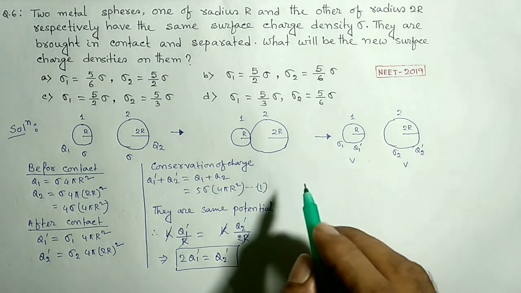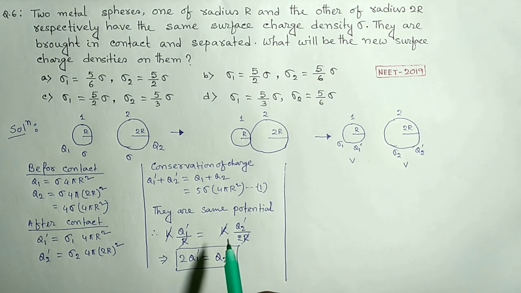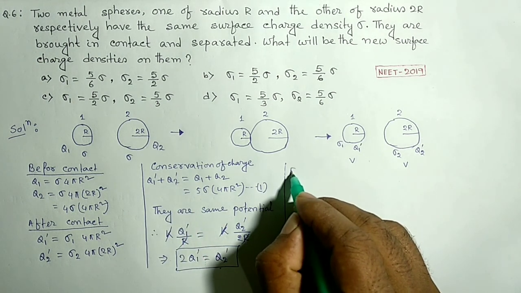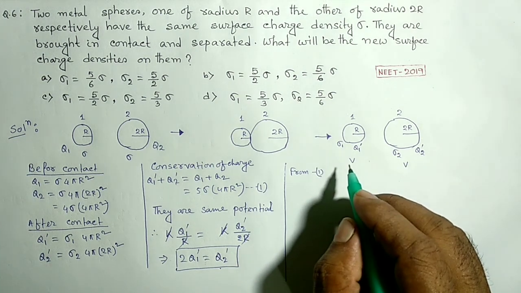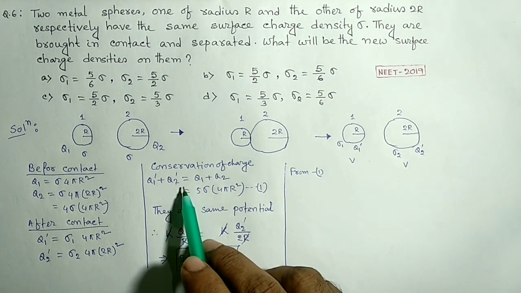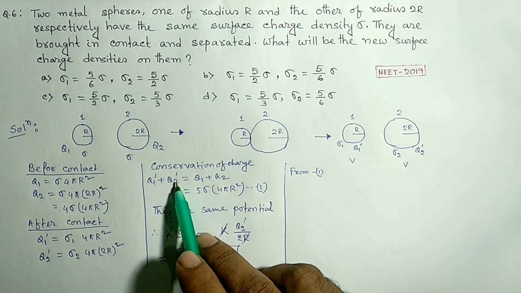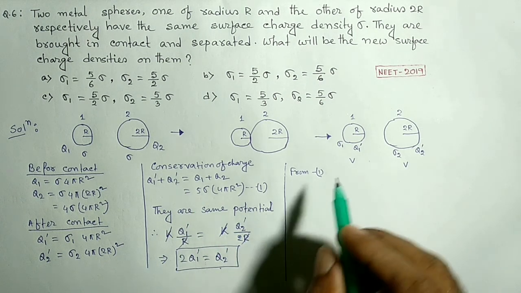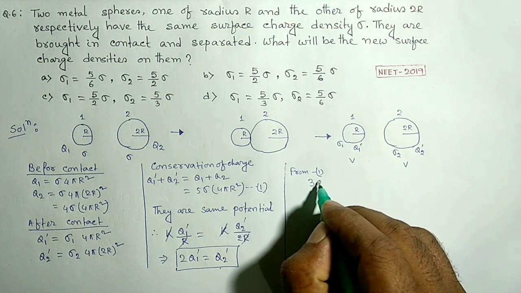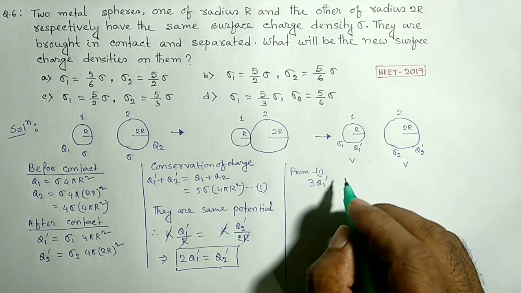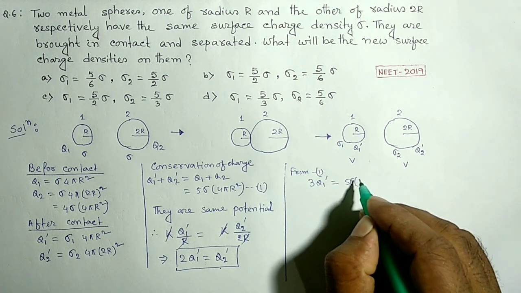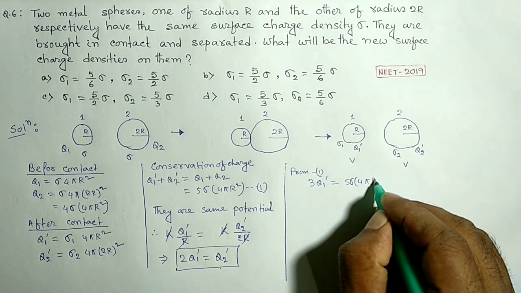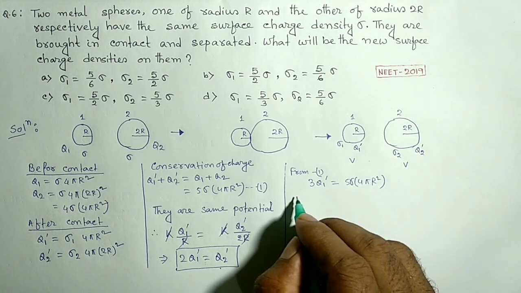Now from equation 1, if we put the value of Q2 dash, which is 2 Q1 dash, it will be 3 Q1 dash. It equals 5 sigma into 4 pi r square.